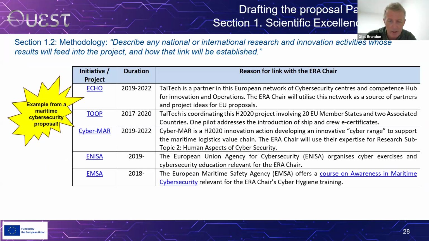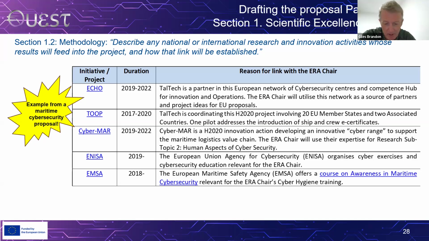Also scientific excellence. In the standard application form, there'll typically be a sentence saying, describe any national or international research and innovation activities whose results will feed into the project. This table here was actually from a proposal and project called an ERA Chair.